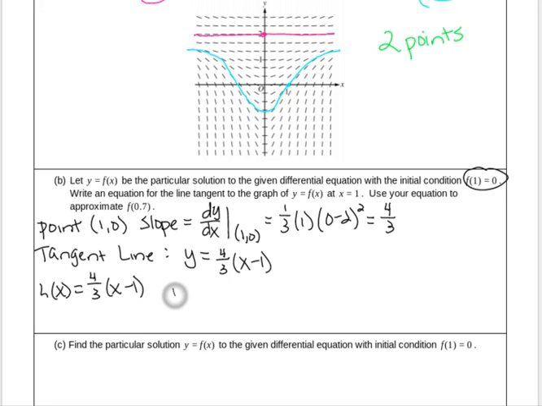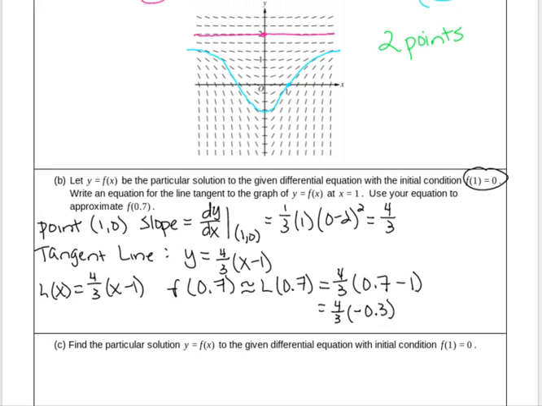And I know that f(0.7) is approximately equal to L(0.7). So I'm going to just plug that into my tangent line. So 4/3 times (0.7 minus 1), that becomes 4/3 times negative 0.3.